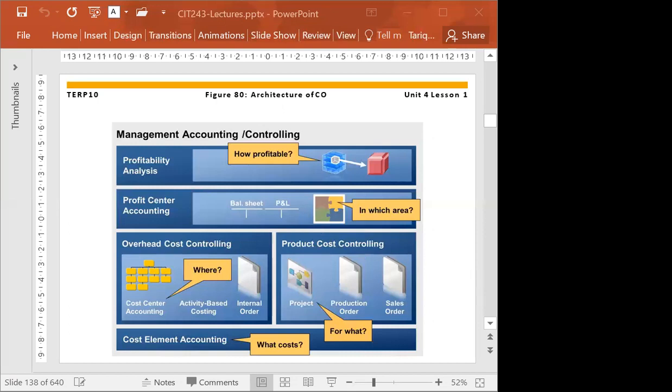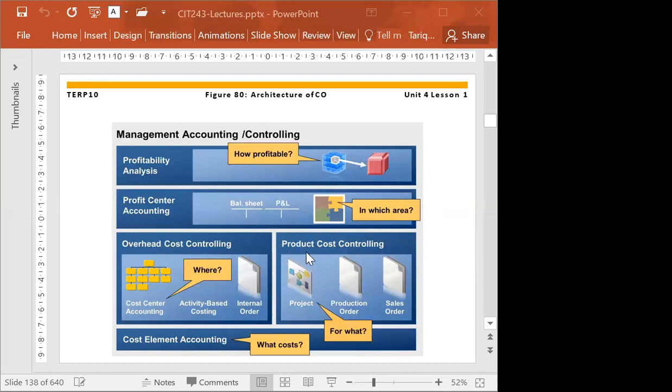Similarly, we are also getting transactions into controlling from production planning: the bill of material and the routing information. These two, bill of material and routing, are required for product costing. If you see here, we have the product costing.